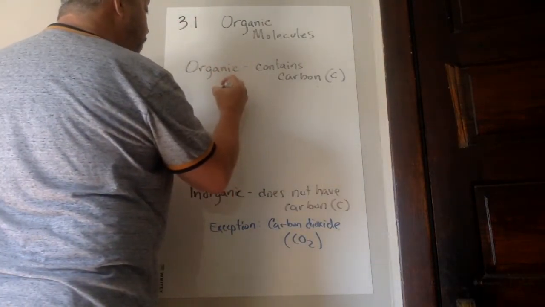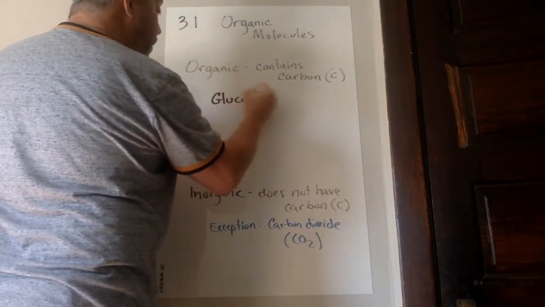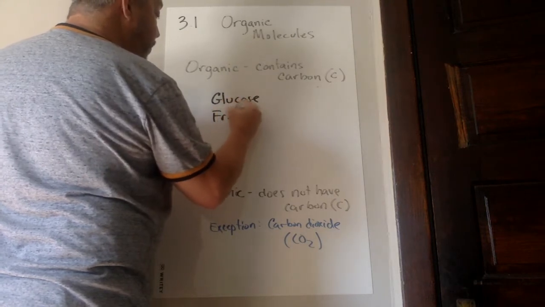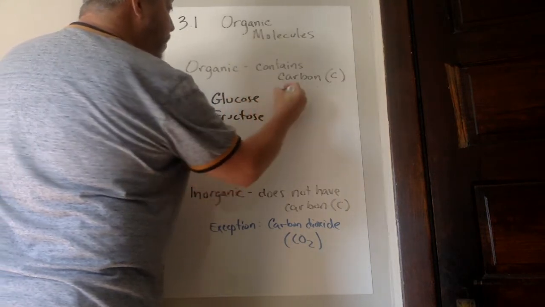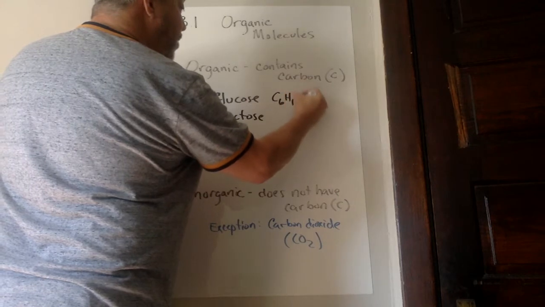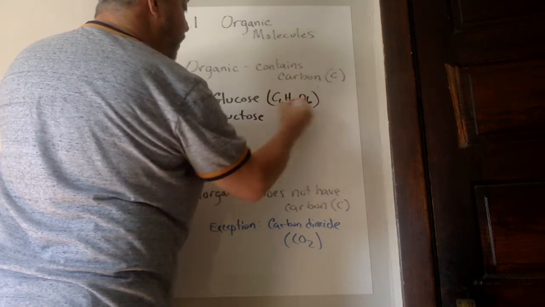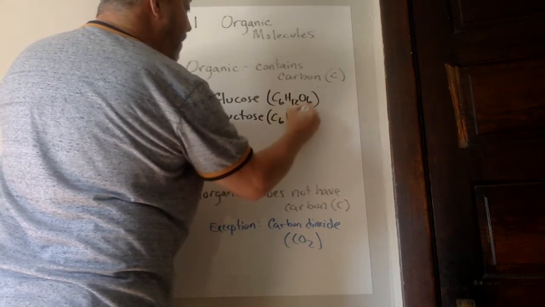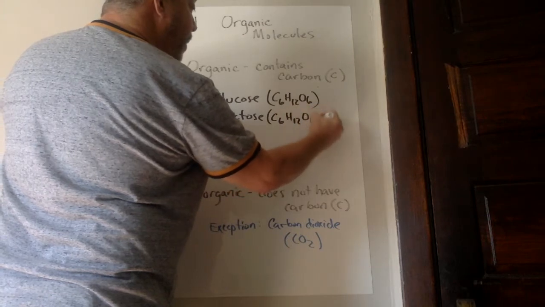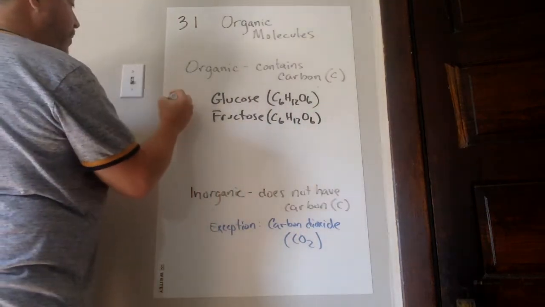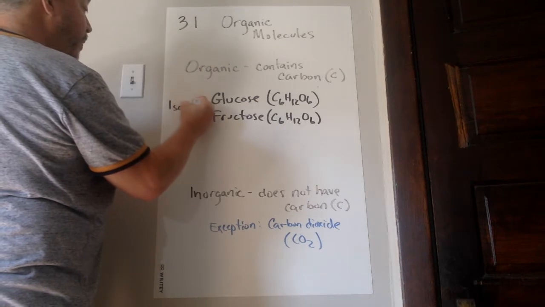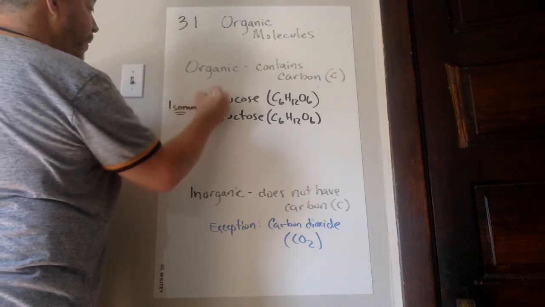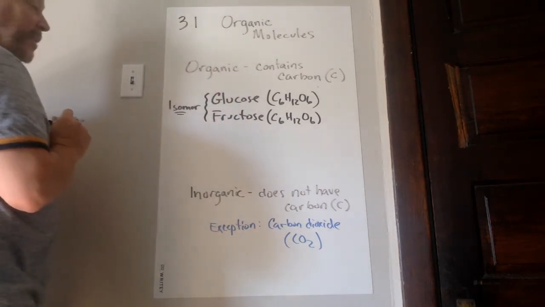Remember we talked about glucose and fructose. Remember these were both C6H12O6. And whenever you have the same molecular formula but different molecules, this is that term called an isomer. So glucose and fructose are isomers.